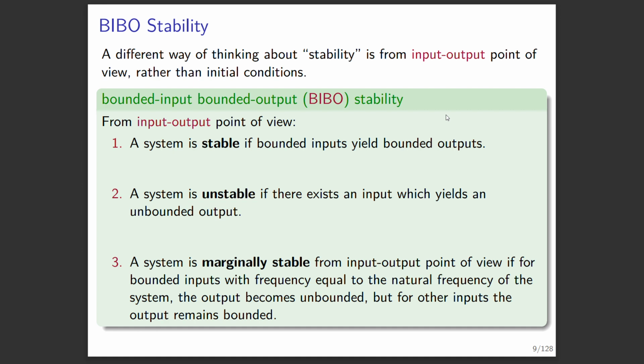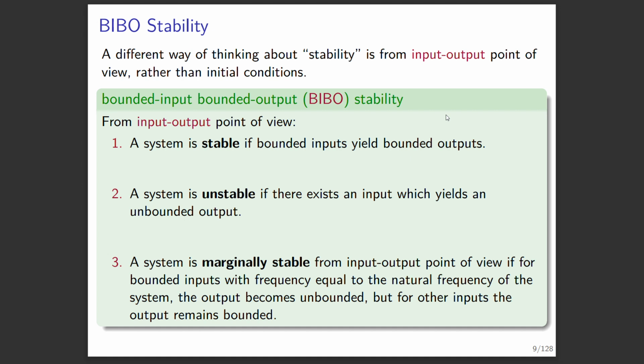So a system is stable if bounded inputs yield bounded outputs. So I don't care anymore about starting point and going back to zero or any of these things. I say, well, let's think about my system as a black box. I don't know what's inside of it.